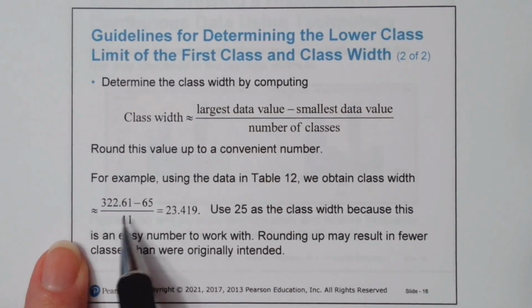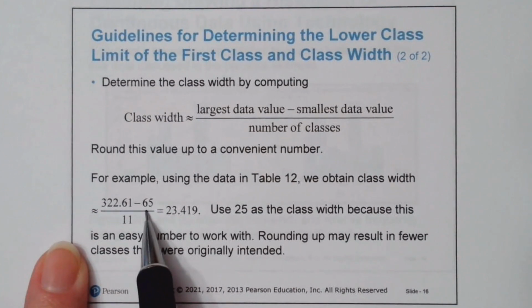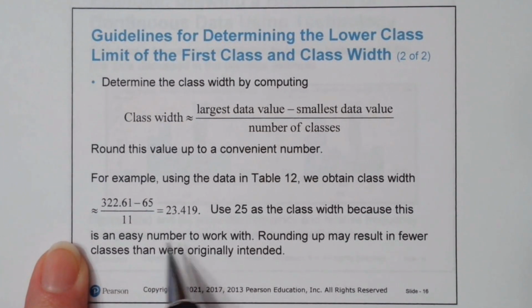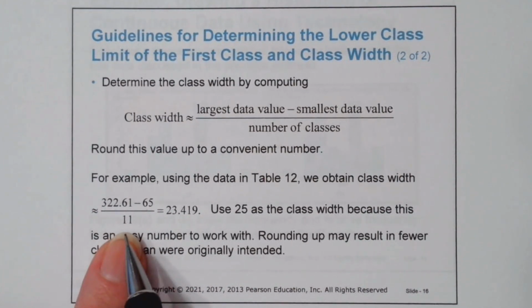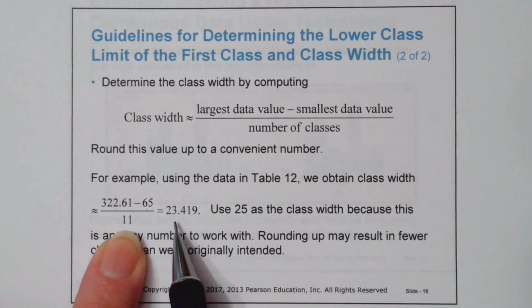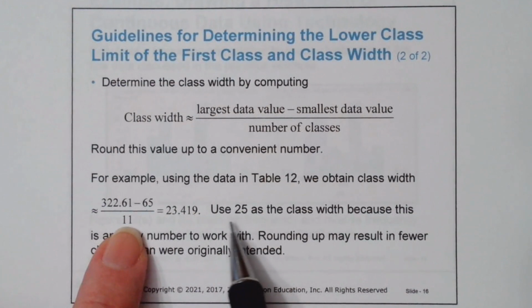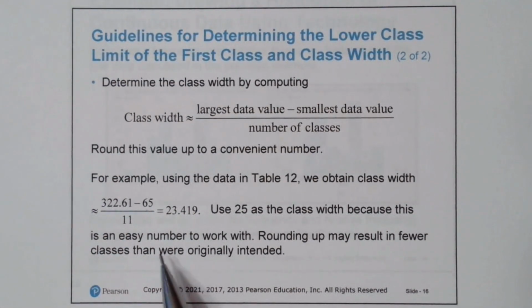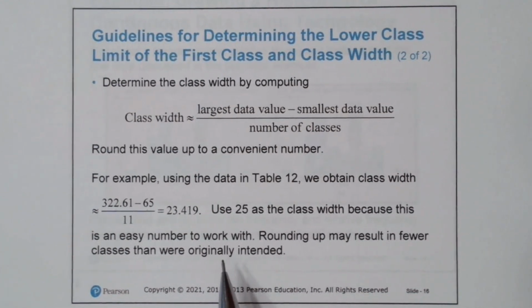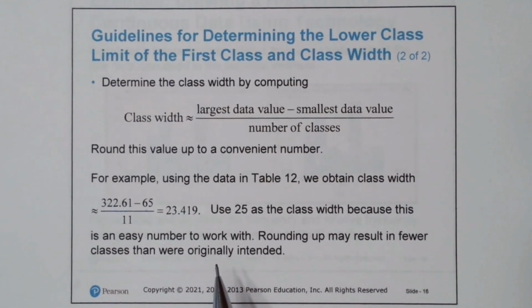Here we subtracted the lowest fine from the highest and divided by 11, which we had already chosen as the number of classes, and we got about 23.4. So they rounded up to 25 because that's a nice number to work with. That's where the 25 came from. We said we're going to start at 50, and our class width was going to be 25.